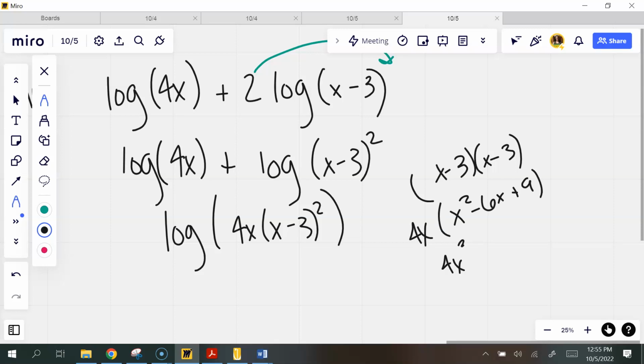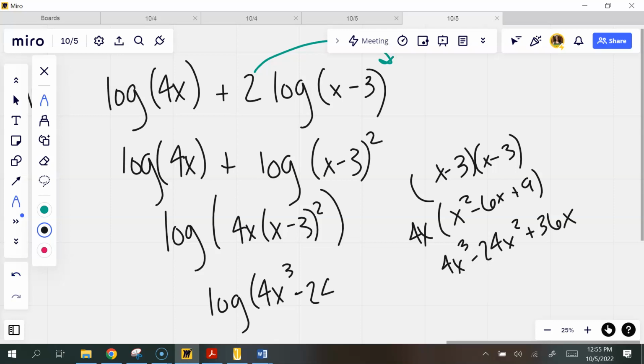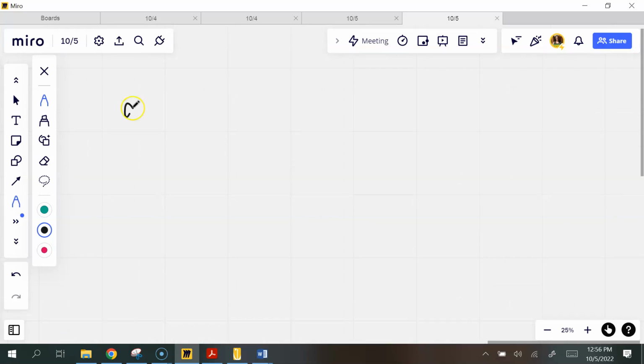So 4x cubed minus 24x squared plus 36x, and that's what would be just the log. Either or, I'm okay with you stopping there though. I'm not really testing your knowledge of FOILing here. Say again? 9. Base 3?